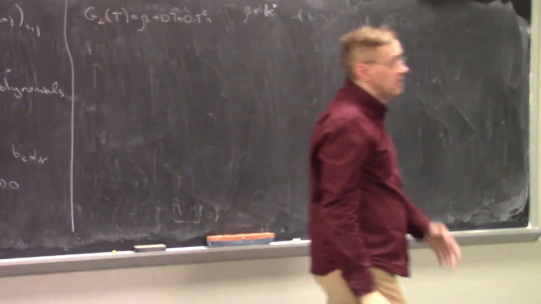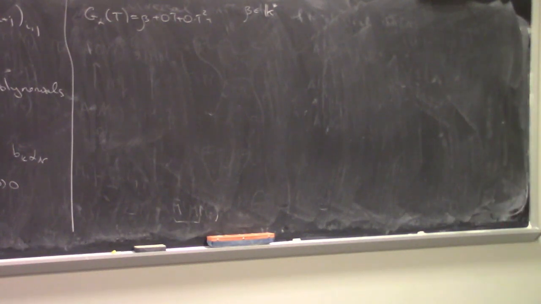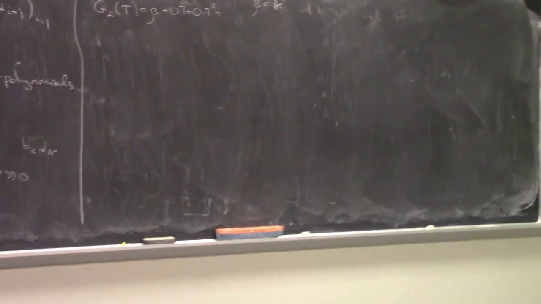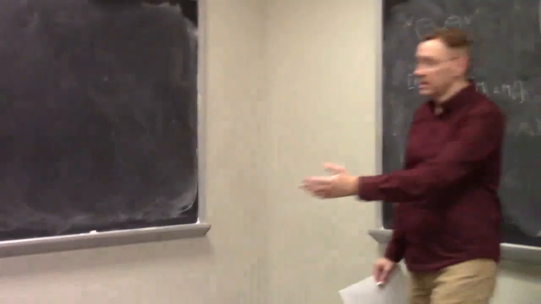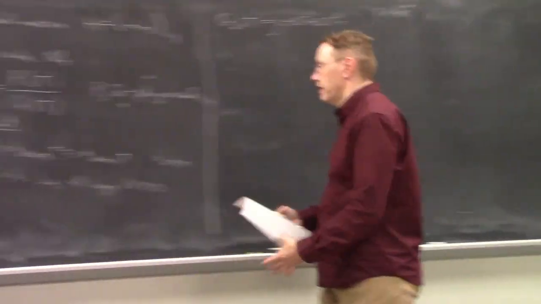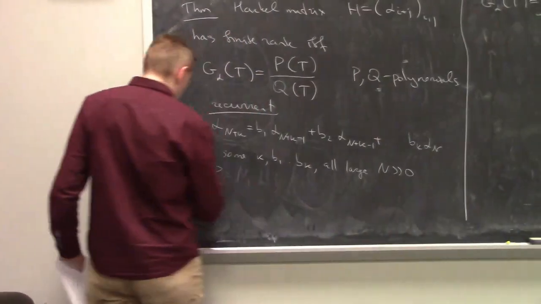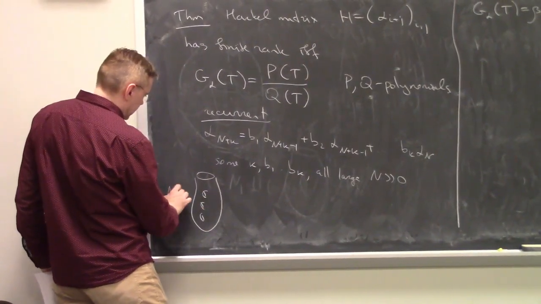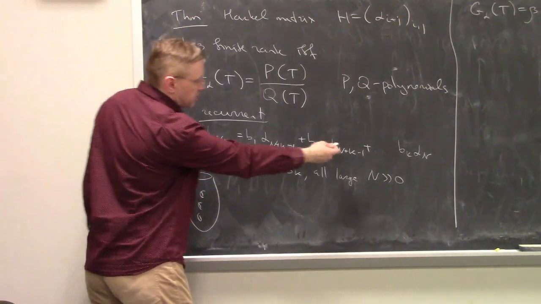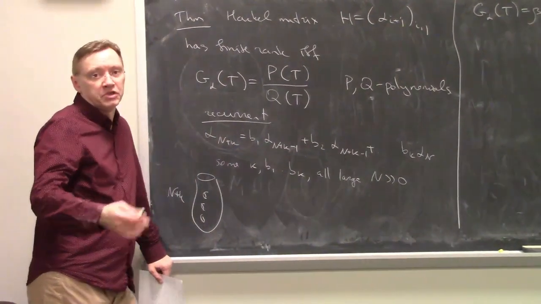Also, once you know that this function is rational, then the state space for a single circle is finite dimensional, and you can check that the state space for any number of circles is finite dimensional. That's easy, because this relation tells you that if you have the surface of genus n plus k with boundary, you can reduce it to linear combinations of surfaces with lower genus.